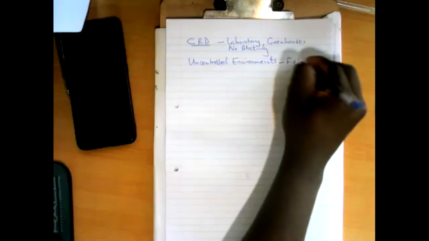We are referring to the field, for example, the open field in agriculture, or we suspect that there could be a factor which we are not investigating, but which can also influence the results.